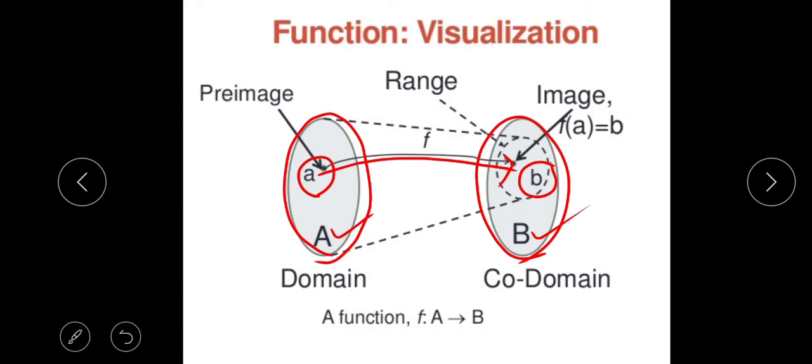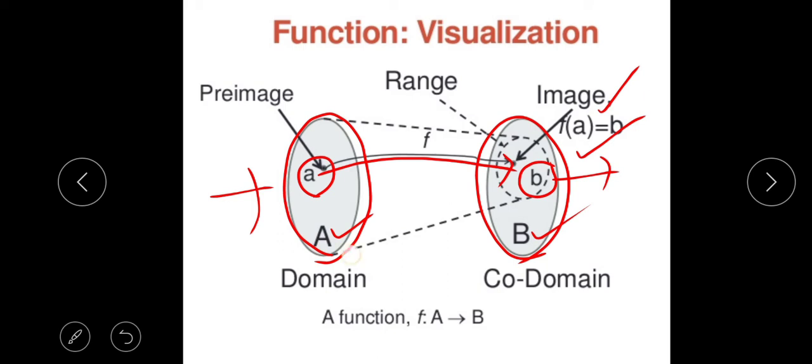So we can say that f of a is equal to b. When you are inputting a, the output will be b. That can be denoted, as said earlier, by f of a is equal to b.